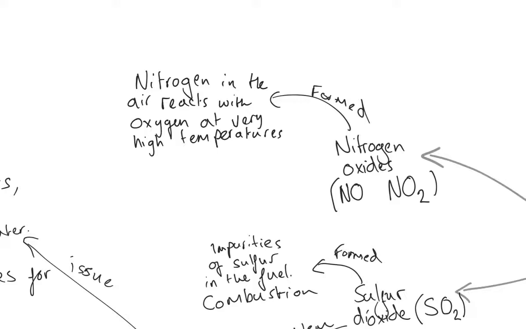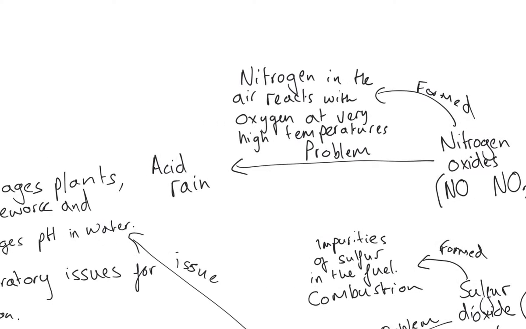The problem it causes is acid rain. And again, we'll link that acid rain, much easier to link this time, over to here so that we can know why acid rain is an issue.